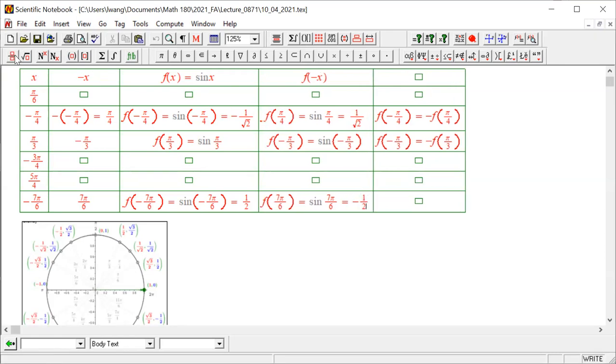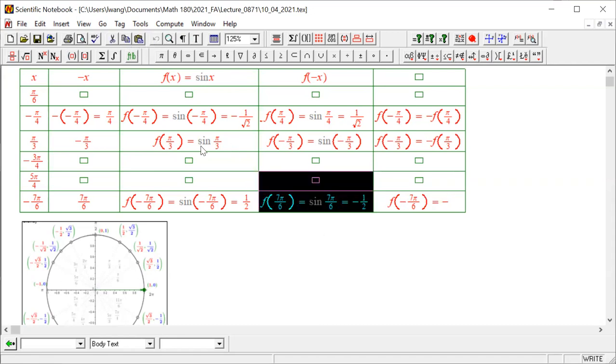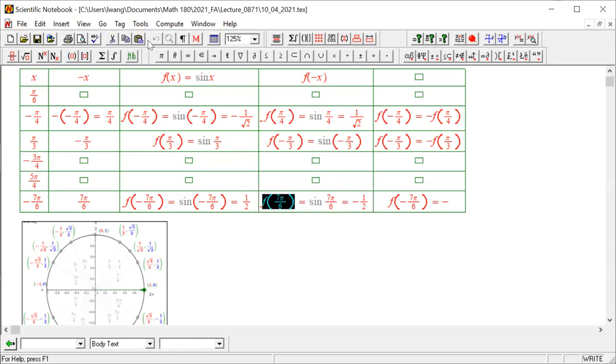You see how much information we can dig out from this simple unit circle. And obviously in this case, it is also true that f of negative 7 pi over 6 is the opposite of f of 7 pi over 6.